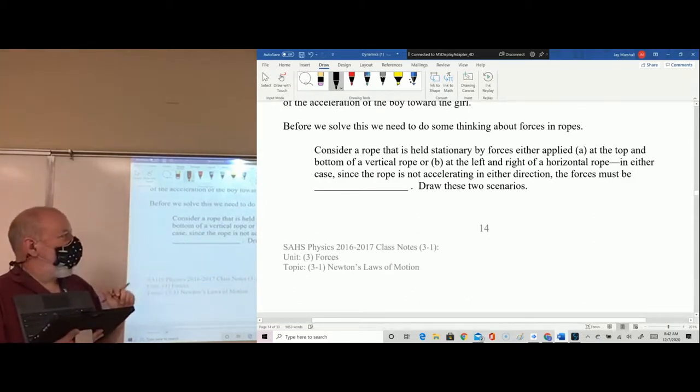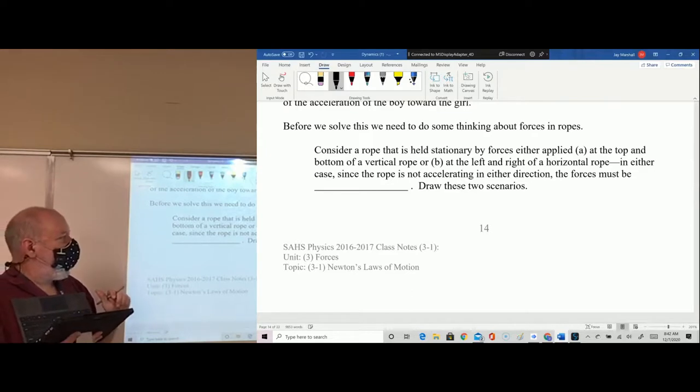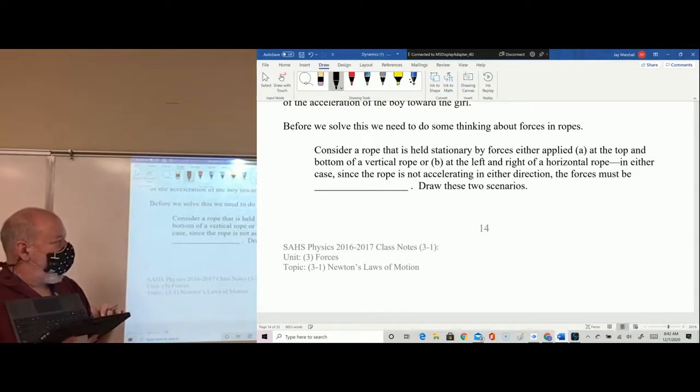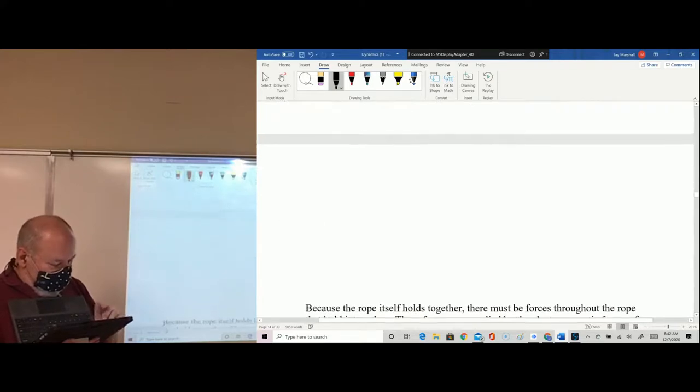Consider a rope that's held stationary by forces either applied at the top and bottom of a vertical rope or to the left and right of a horizontal rope.